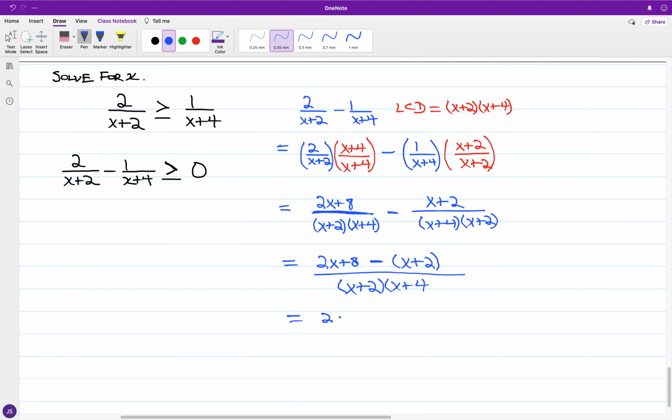So as we look at gathering, I have 2x plus 8, and what was x plus 2? Both of these terms will be negative, for they will be affected by the subtraction. So you have a minus x and a minus 2. And looking at what we have in the numerator, you got 2x minus x is going to be x. 8 minus 2 is 6.